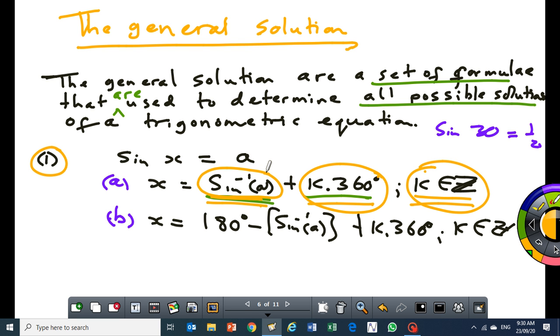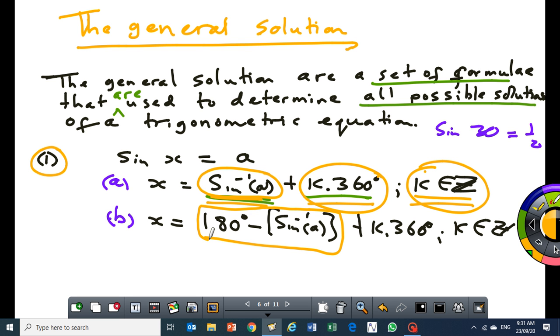If a is positive, sine is going to be positive in the first and second quadrant. So this will be the first quadrant angle. Then you need to get the second quadrant angle. You subtract the first reference angle from 180 degrees, and you get 180 minus shift sine a. Then you add k times 360, with k an integer.